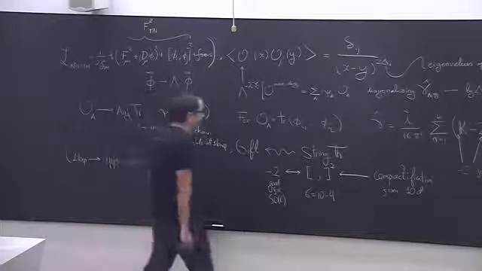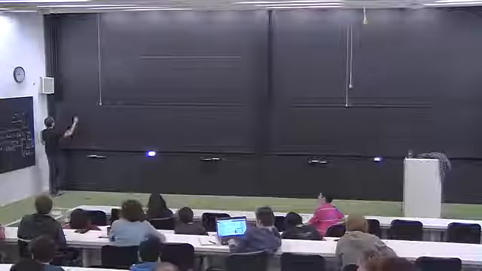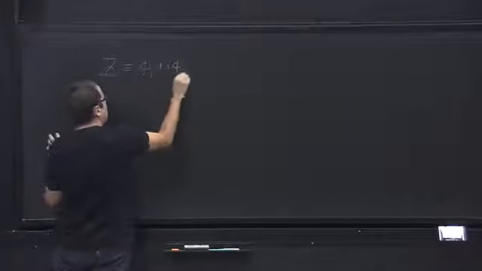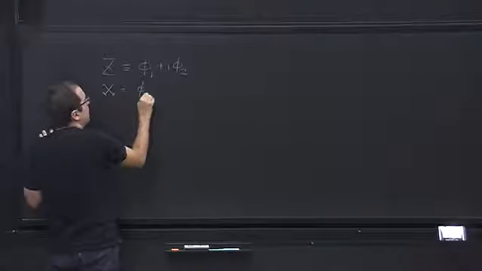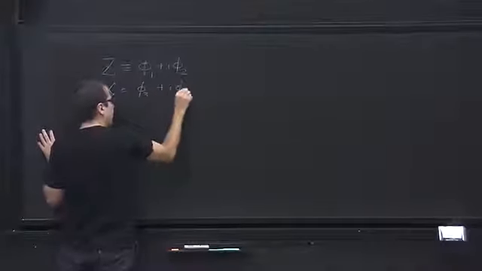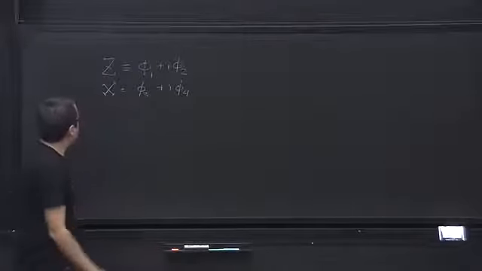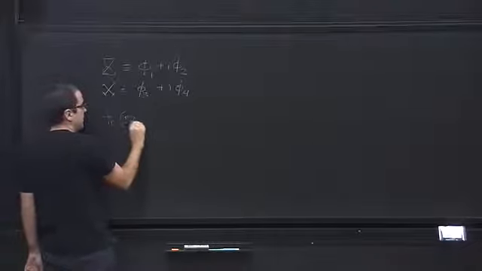And finally, I could simplify and construct two scalars, Z, which would be phi1 plus i phi2, and X, which would be phi3 plus i phi4. And the claim is that we can construct operators made out of just these, Z's or X's.